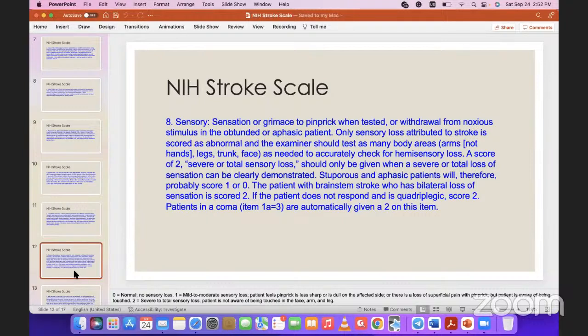Sensory. After the first history and examination, I have to exclude the patient who has previous sensory loss, because here in the NIH Stroke Scale, I have to find the new sensory impairment due to stroke, not the previous sensory loss.